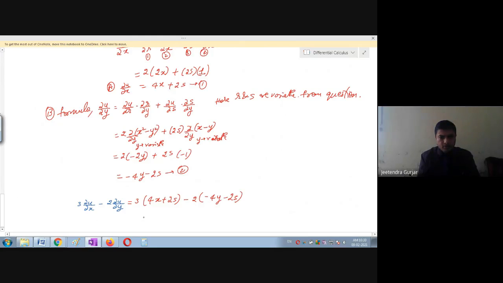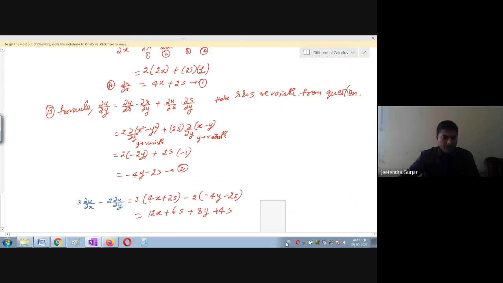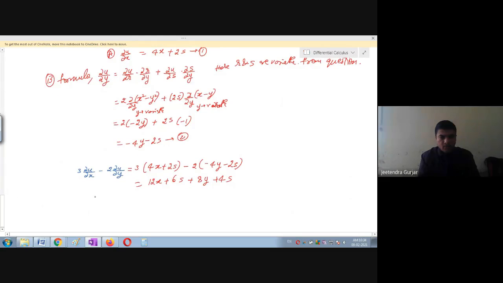So further you can simplify. What will happen to this? 4 into 3 will become 12x plus 6s plus 8y, and this is plus 4s. Further you can simplify very easily. It must be in terms of x and y. So this is 12x plus 8y plus 10s. What is the s value, students?